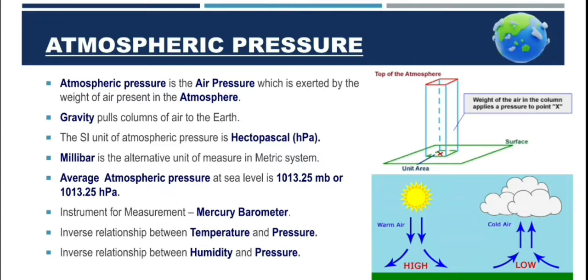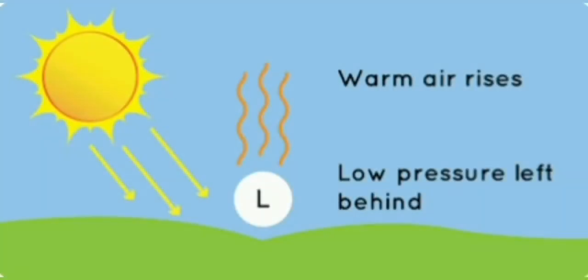The main instrument used to measure atmospheric pressure is the mercury barometer, or simply barometer. We need to have a clear understanding of the relationship between temperature, humidity and pressure of air. If the temperature of an air body increases, correspondingly it becomes warm and ascends, as a result of which a low pressure is created.